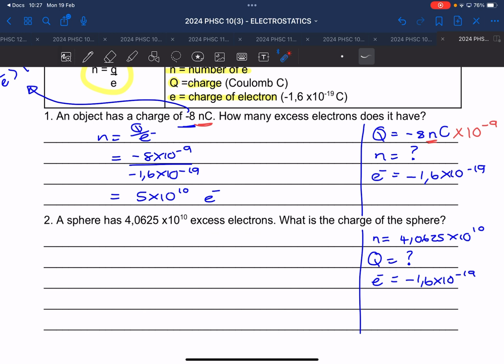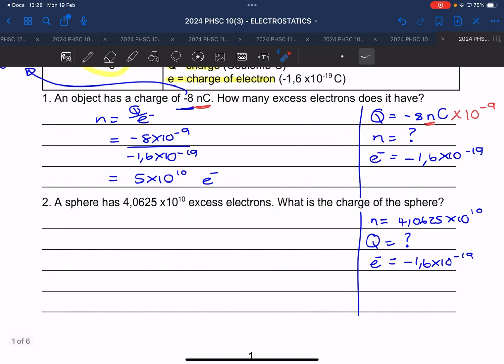If the sphere has excess electrons, will Q be positive or negative? Positive. So it has excess electrons, too many electrons. Electrons are positive or negative? So it has too many negative things. Will Q be positive or negative? It will be negative. Okay, so we are thinking our answer should be negative.